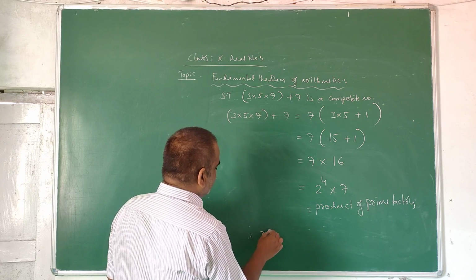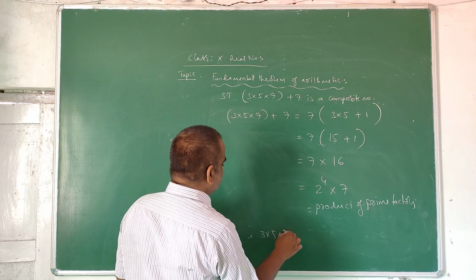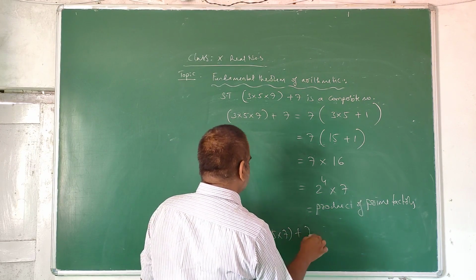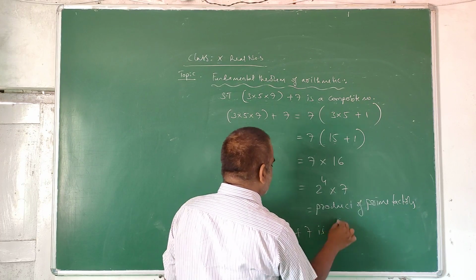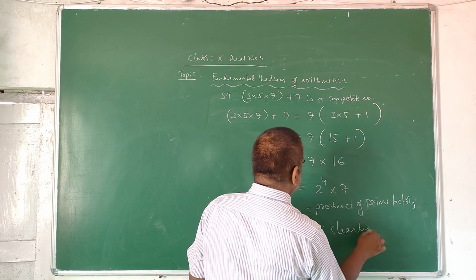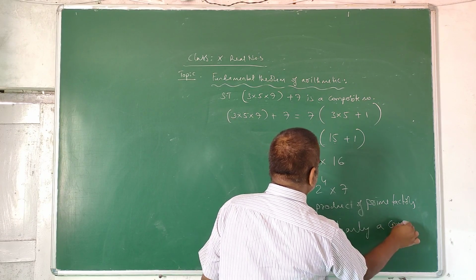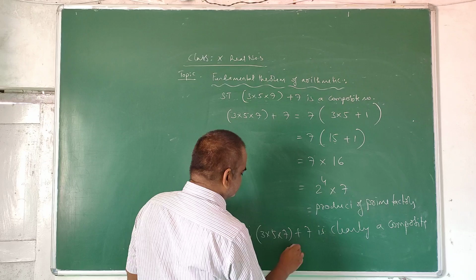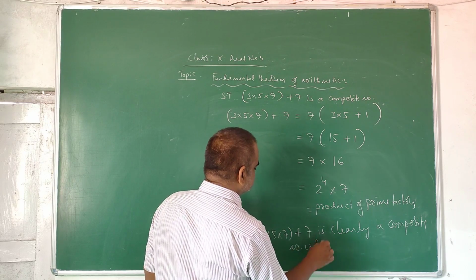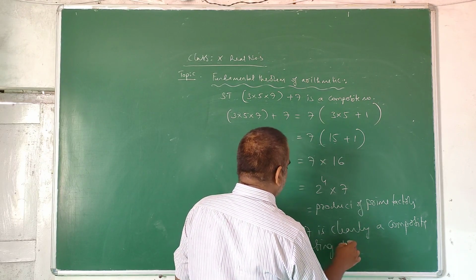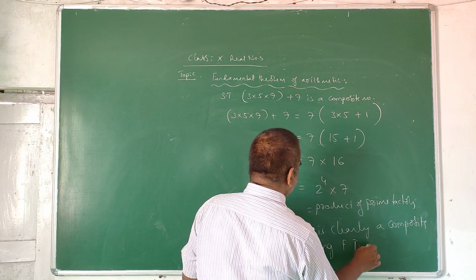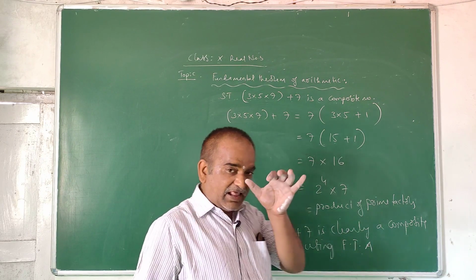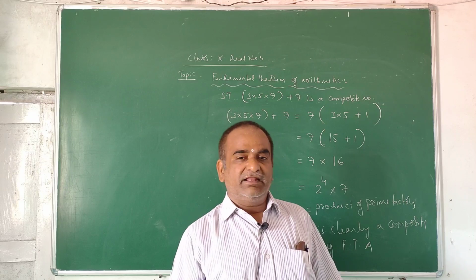Therefore 3 into 5 into 7 plus 7 is clearly a composite number using the fundamental theorem of arithmetic. In short form, I wrote FTA, fundamental theorem of arithmetic.